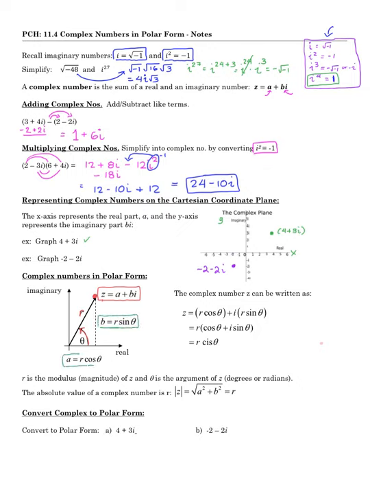We know that a is r cosine theta, and we can now write our complex z. So the x coordinate is r cosine theta. The y coordinate was r sine theta. It now has an i in front of it because it's imaginary. And so we can factor out the r, and so then you have cosine theta plus i sine theta. And because that's a lot, we tend to abbreviate that as r cis theta, is how I would say it.